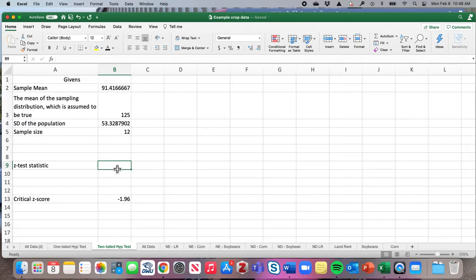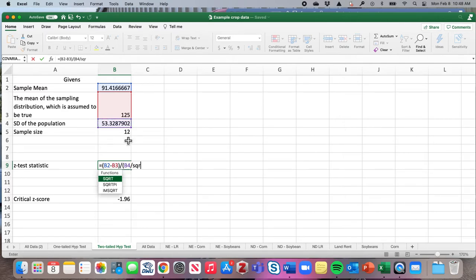So we're taking our sample mean, we've got lots of parentheses, sample mean, we are then subtracting the mean we are assuming to be true, that 125, close up that parenthesis, we are then dividing by another parenthesis, the standard deviation of the population, and dividing that by the square root of our sample size.